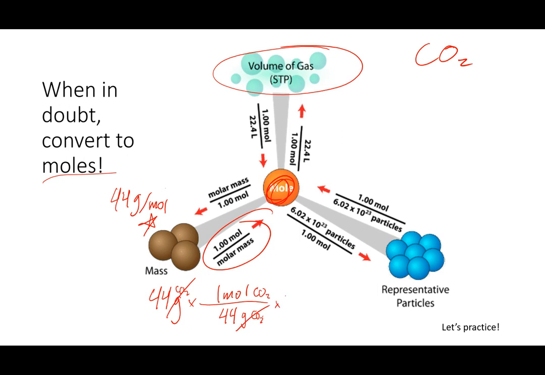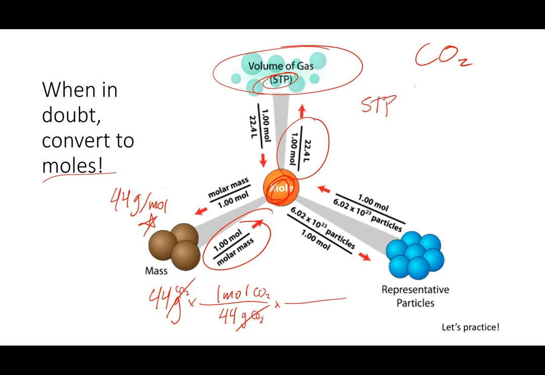And then the second step would simply be to use this conversion factor, which relates a mole of a gas to its volume, okay, at standard temperature and pressure. What is STP?